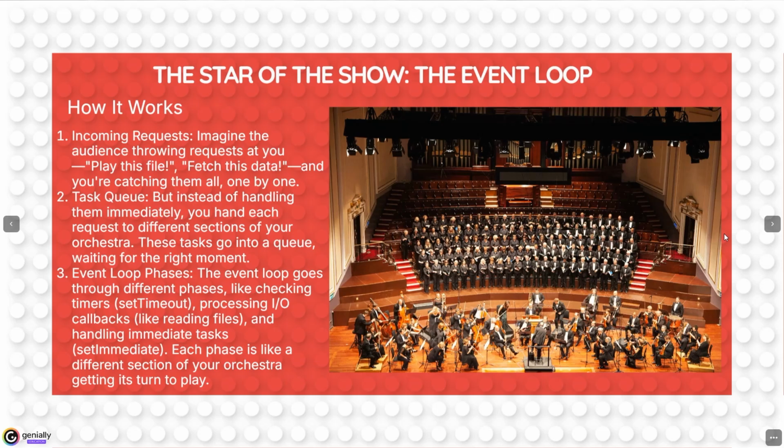These tasks go into a queue waiting for the right moment. Next, event loop phases. The event loop goes through different phases like checking timers, processing IO callbacks, and handling immediate tasks. Each phase is like a different section of your orchestra getting its turn to play.